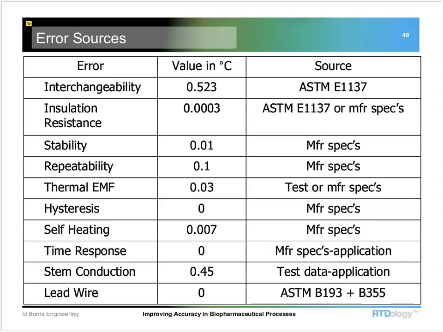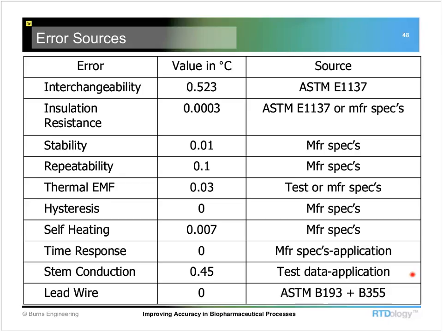We've got some insulation resistance error, and on down the line. And you'll get these from the manufacturer spec. Some of these are application specific. Others are kind of your best guess as to what it might be, especially down here with stem conduction.